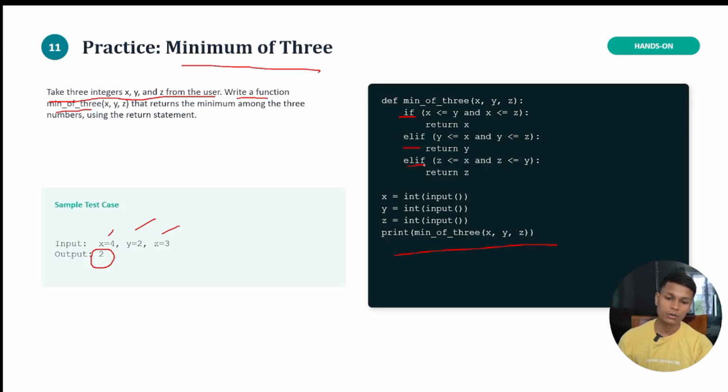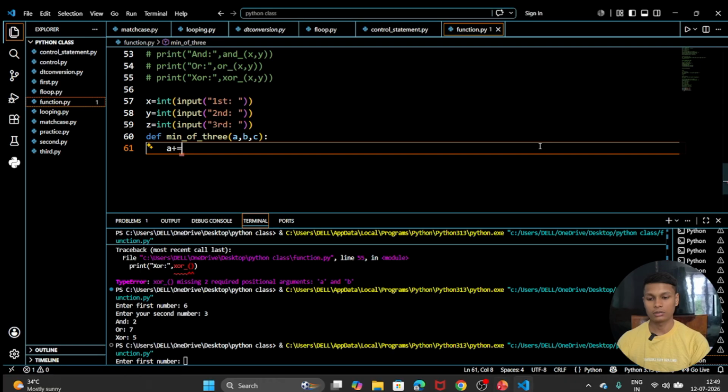I discussed how to print the minimum in the previous code, but now let's see again. No problem, because here we are using a function, so we are going with a new approach.